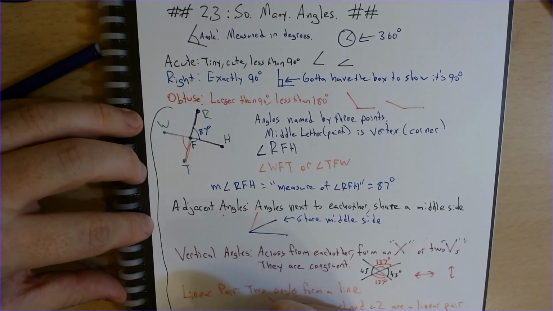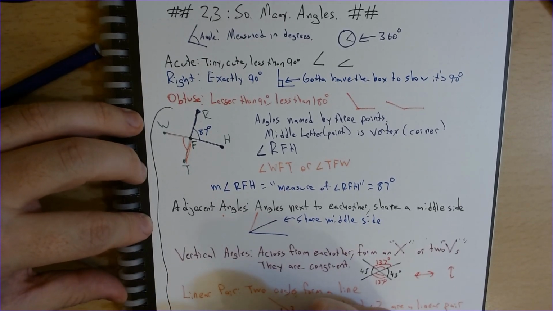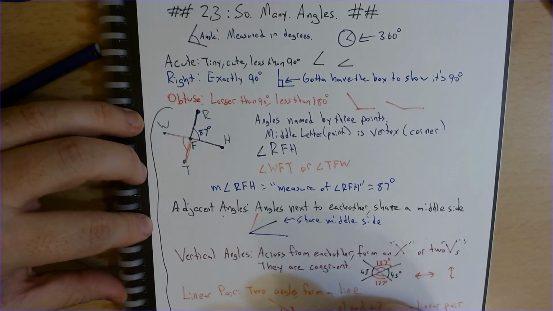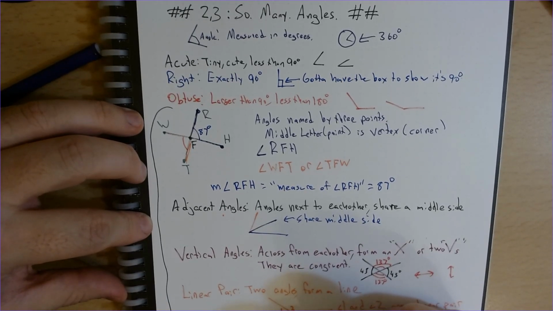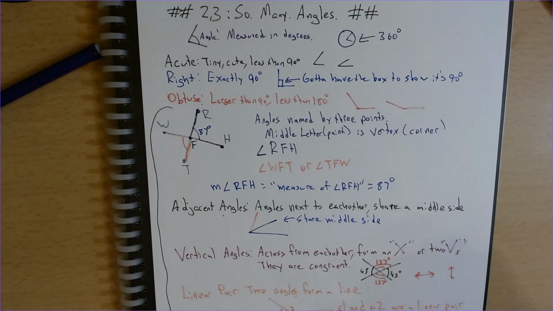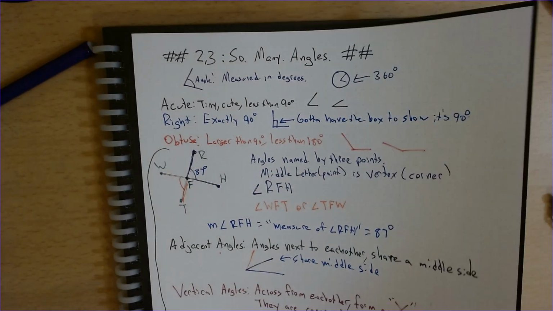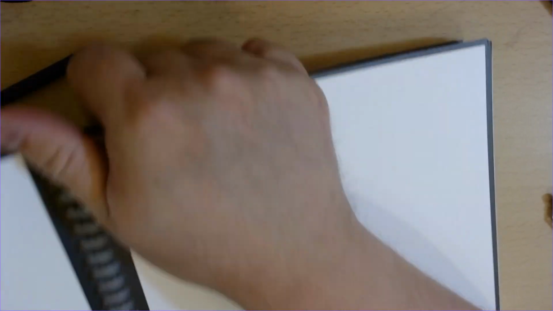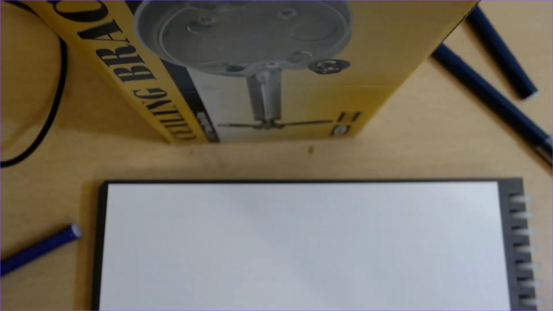Straight angle. It's a line. It's exactly 180 degrees. So a straight angle is a line. It's straight, and it's 180 degrees. All right.